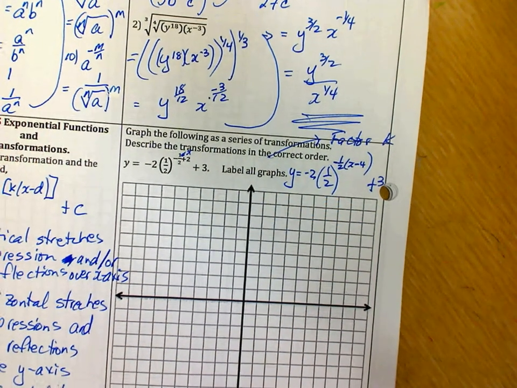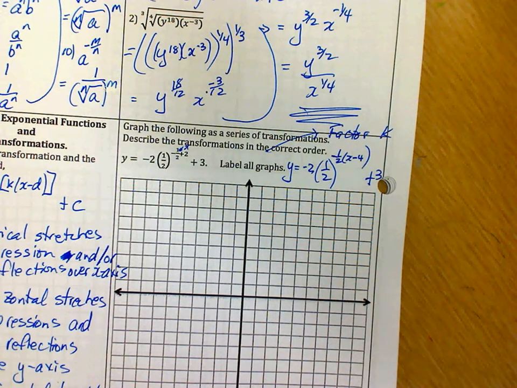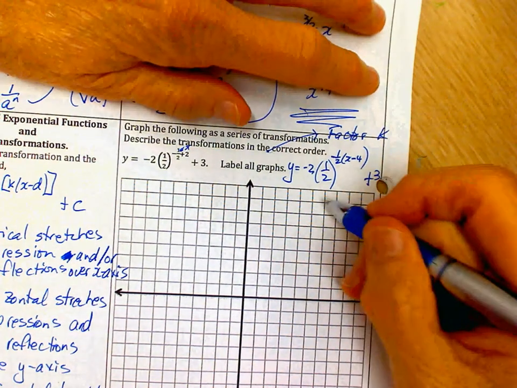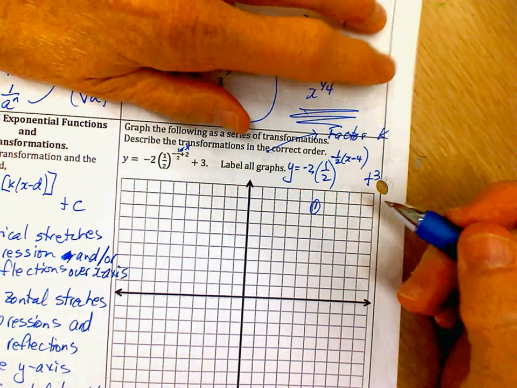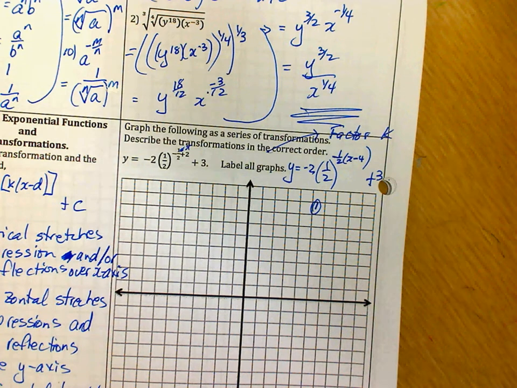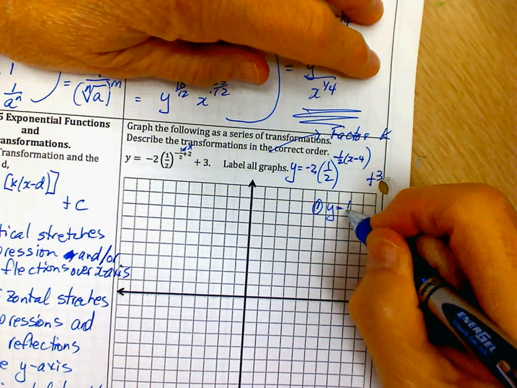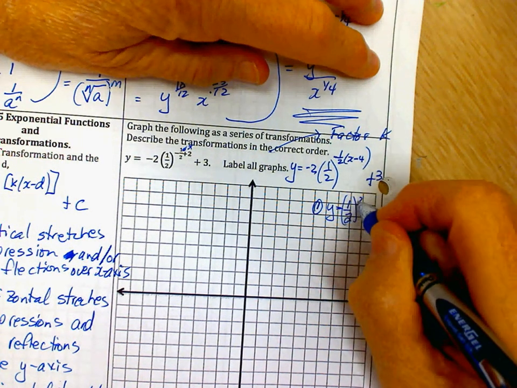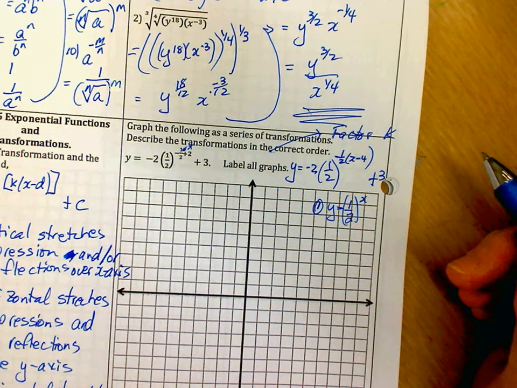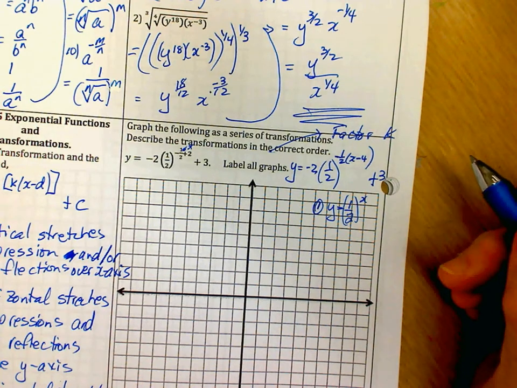So what we want to do now is graph. The first thing we're going to graph is our parent function, or if you want to call it, our basic function. So y equals 1/2 to the exponent x. That is our parent in this case, and I will graph that in blue.